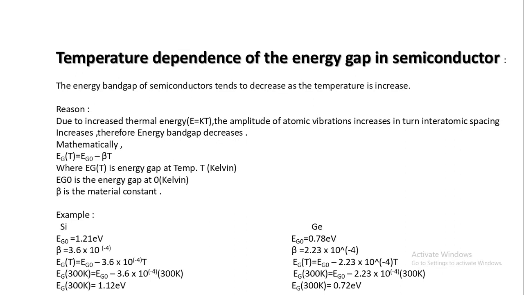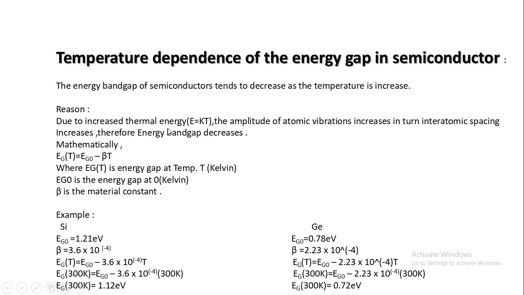If I simply say that the energy band gap decreases, you will not be convinced. Many people claim that once the temperature rises, the energy band gap of a semiconductor decreases, but what is the reason behind it? You need to know the reason. So again there will be some physics, and you must understand these concepts.